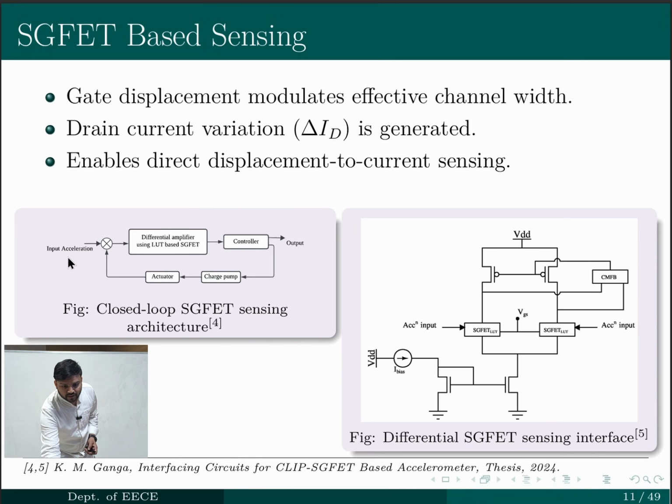Because of the input acceleration, the width of the device is going to fluctuate, meaning displace. For that displacement to come back to the initial point, an actuator is needed, and the actuator needs higher potential. That's why a charge pump is also fed back for providing the higher potential.